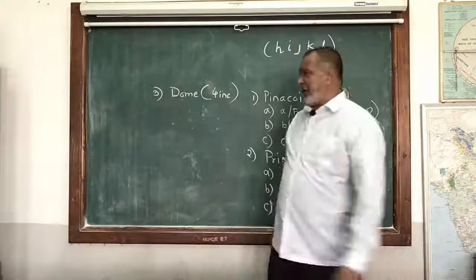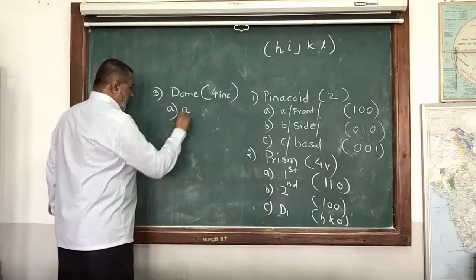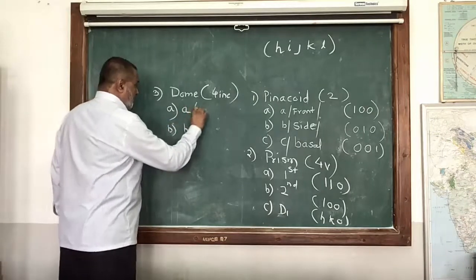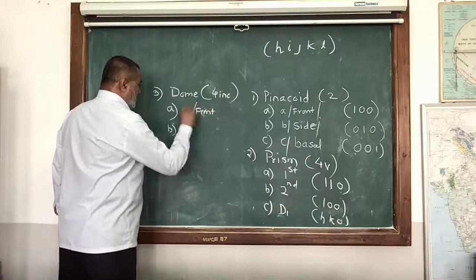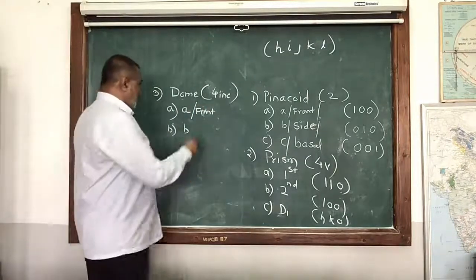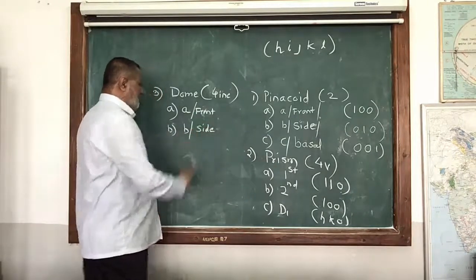In this also we have 2 pairs, along the A axis and along the B axis. The one along A is called the front dome. Basically, whichever axis remains parallel, we give the name to that particular dome. Then B is along the side, so it is a side dome.